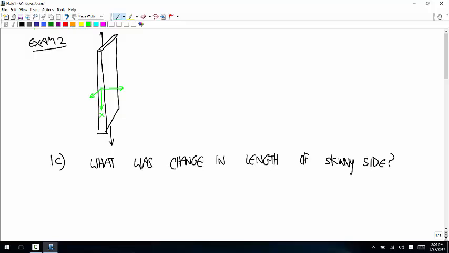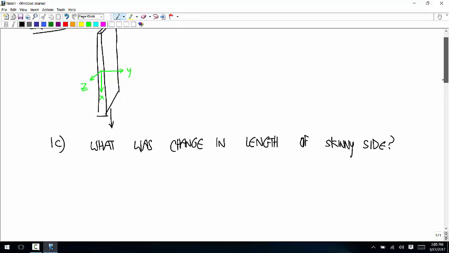Okay, so this is X, Y, and Z. And so Poisson's ratio is equal to negative strain YY over strain XX, and it's also equal to negative strain ZZ over strain XX.